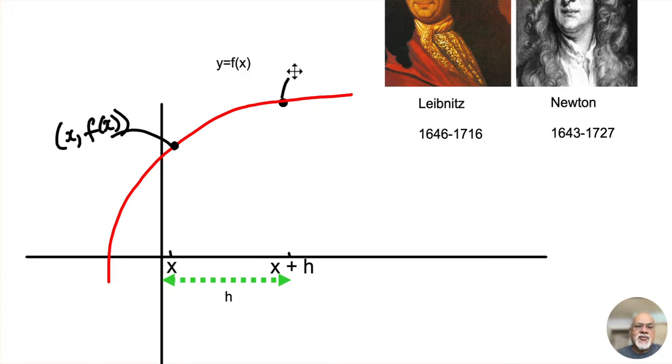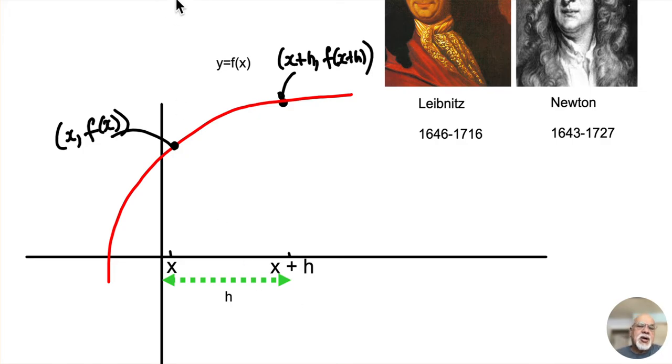The coordinates of this other point would be x plus h and f of x plus h, where h is just some units away from x. I've shown that here by this green line at the bottom.